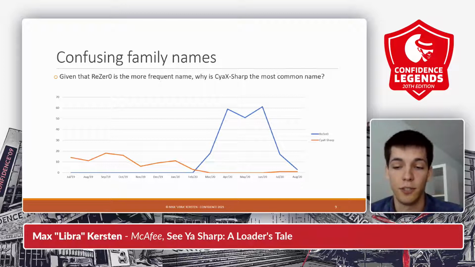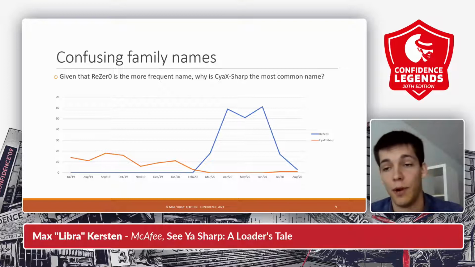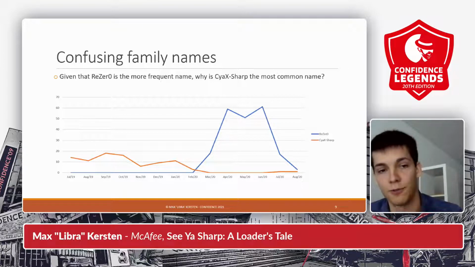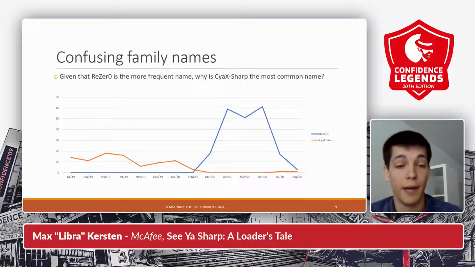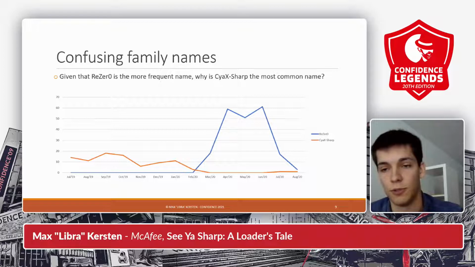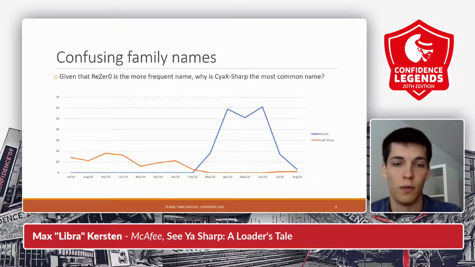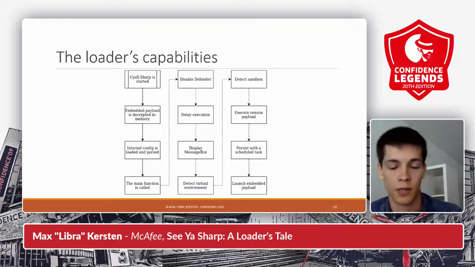However, the CyaX-Sharp name has been used quite a bit prior to that already in July 2019. So the first occurrence here is probably what named the malware rather than the most frequent name. But looking back, it might be an easy conclusion to jump to state that ReZero would be the official name to refer to. So this is more of a historical point of view to it.